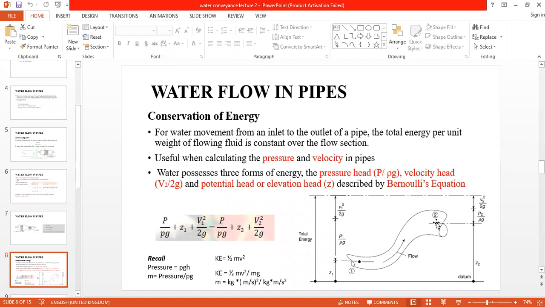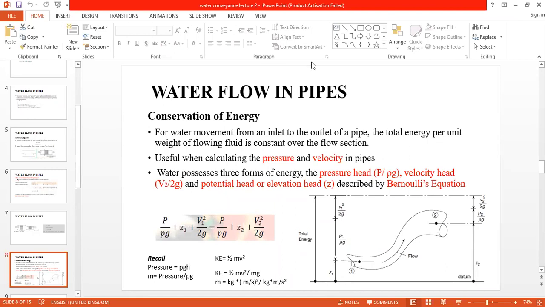So what will change is that at this point, we can see that the Z, the energy due to elevation, is low. Then at point 2, the Z has increased because the water has reached a higher height.